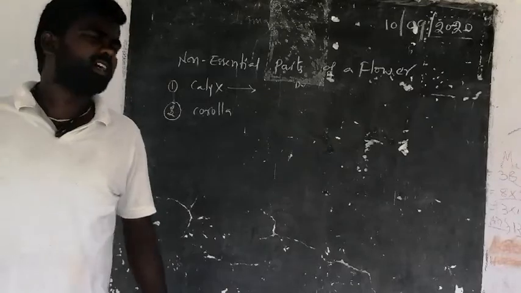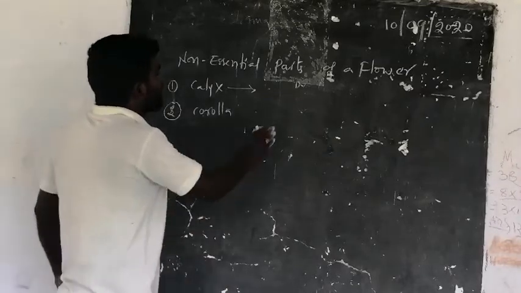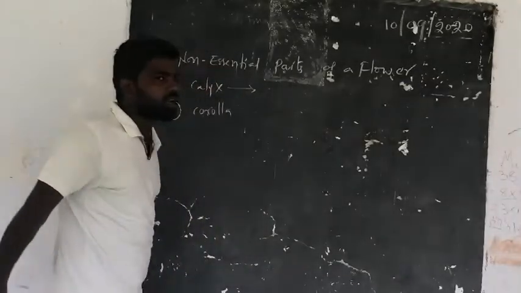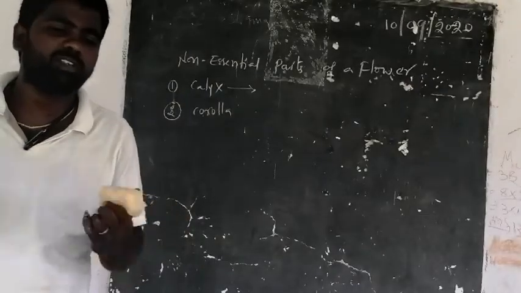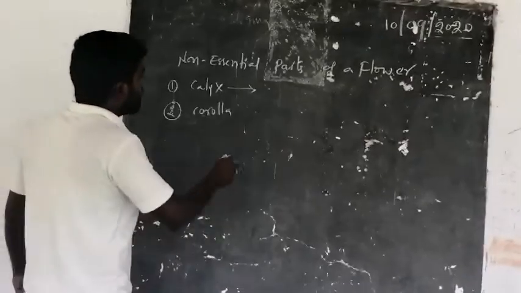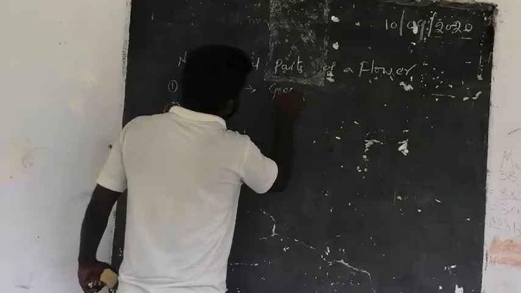Let us see here. Calyx is a green colored whorl which is present at the base of the flower.